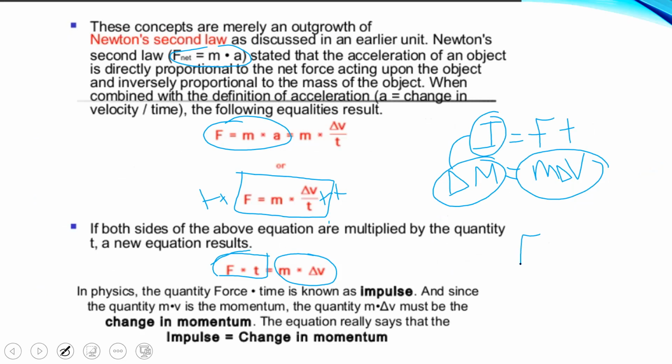So the force times time equals m times delta v. This is a change of momentum. This is an impulse. That's why a change of momentum equals impulse. So in physics, the quantity force times time is known as impulse.